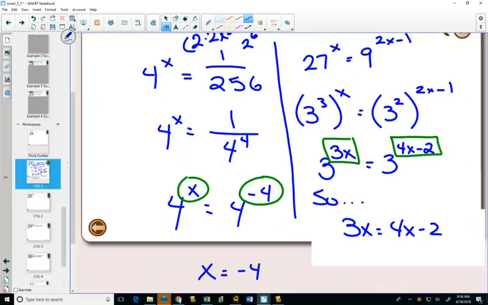Sometimes I even like to write, while I'm doing my math, that I haven't done something algebraic. I've done something more by observation at this point. So I write, so 3x has to equal 4x minus 2. And if I rearrange here and solve things, I'm going to put the 2 over to this side, move the 3x, and there we go. We can solve for x.